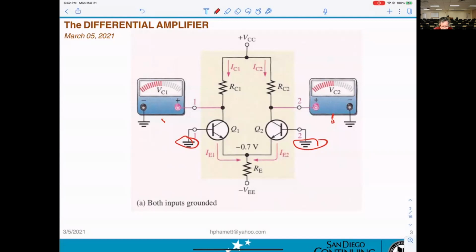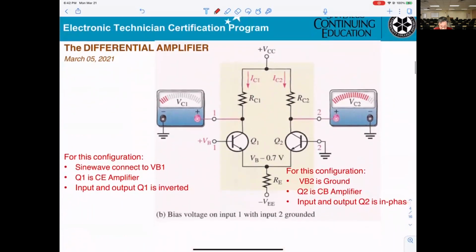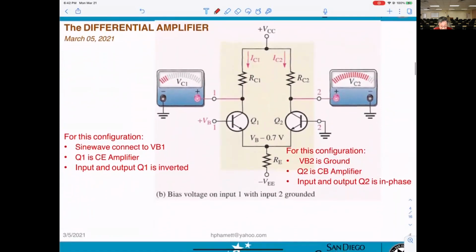So they measure the voltage VC1 and the voltage VC2. You can see they will be equal in the meter. Okay, that's how they show it for this configuration. Okay, now the difference here.